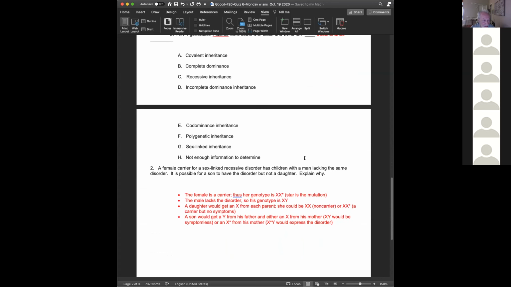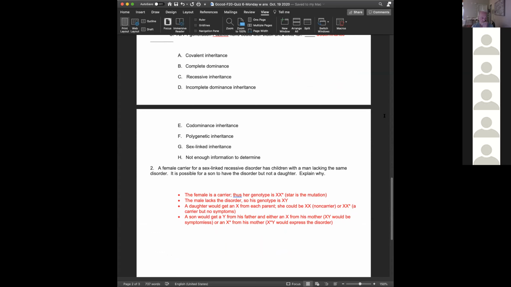And then, Scott, would you like to discuss the last question, which is one that you posed? Sure. This is a question on sex-linked inheritance. The question gives us a female carrier, which means she is a heterozygote.